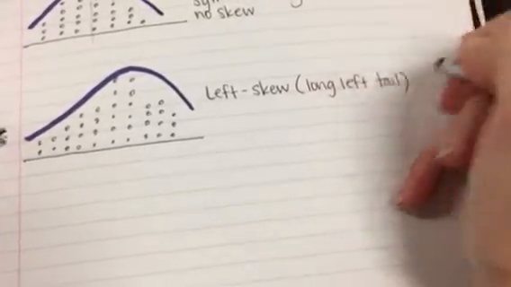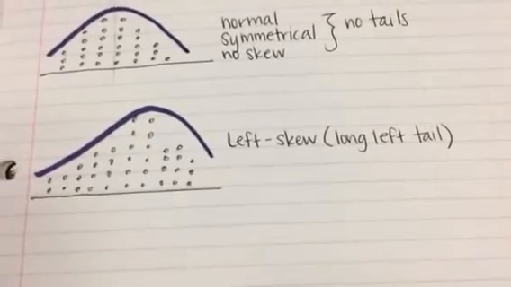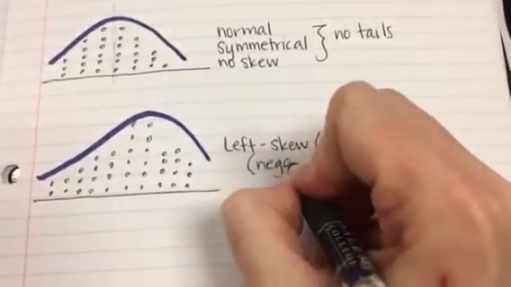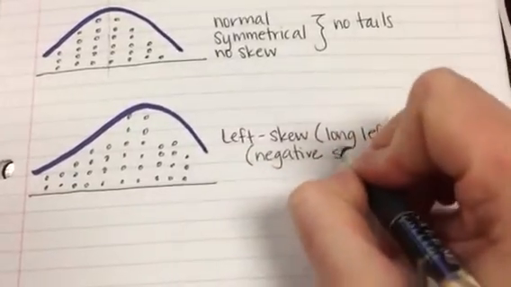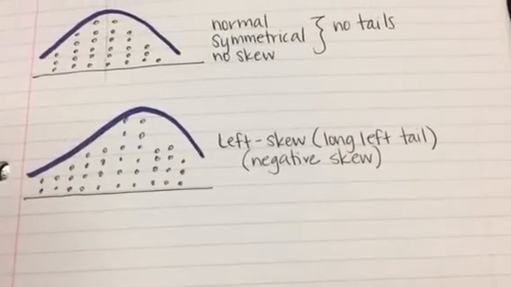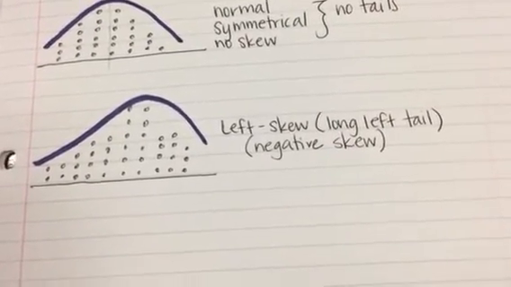The tail with the longest section is the one here on the left. Now sometimes this can be called a negative skew, because the long tail is leading in the negative direction on the number line.